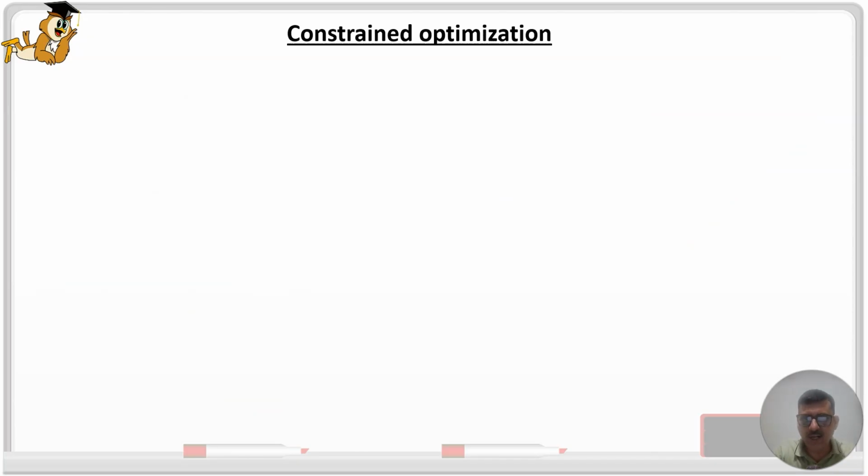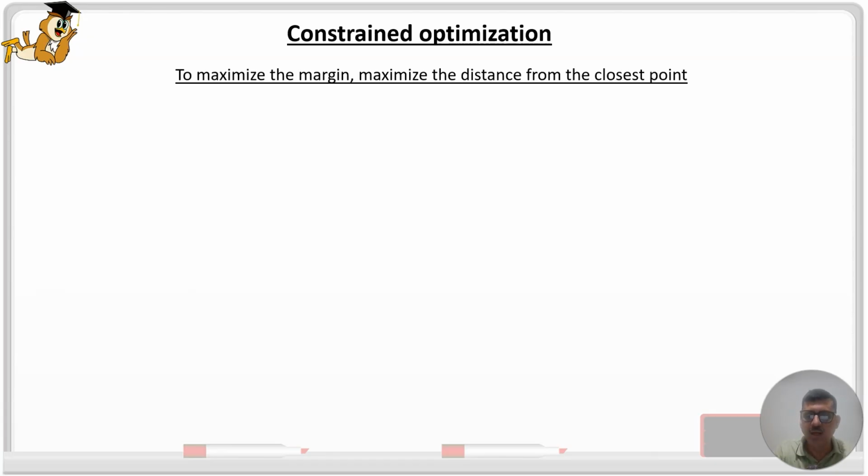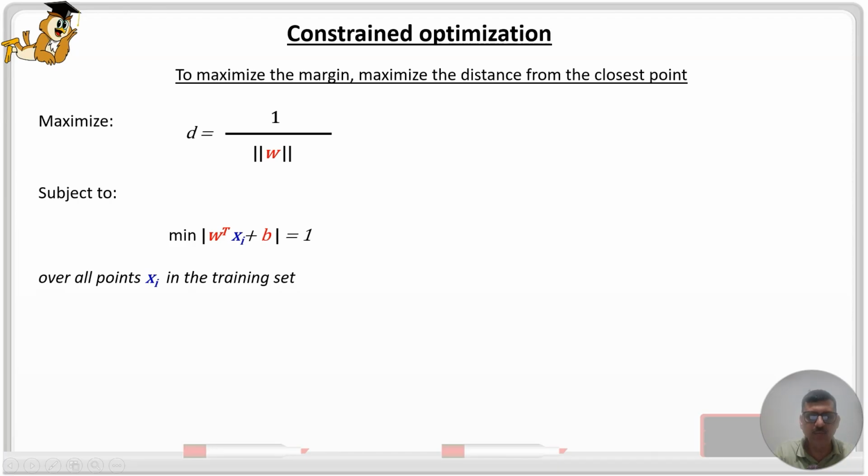So now let us write down the constrained optimization problem that we solve for the SVM. Our goal is to maximize the margin. We maximize the margin by maximizing the distance of the hyperplane from its closest training point.